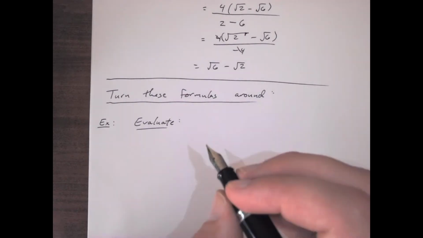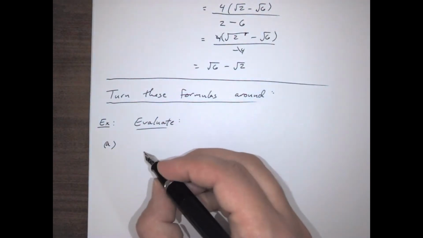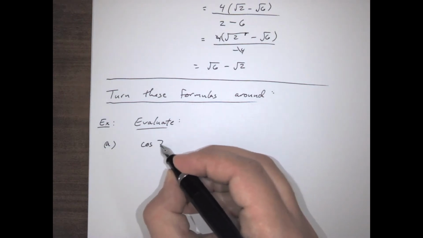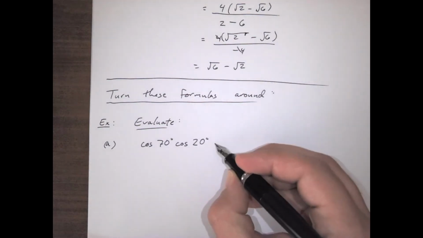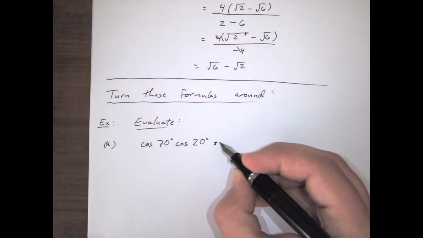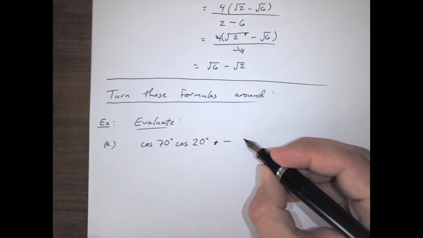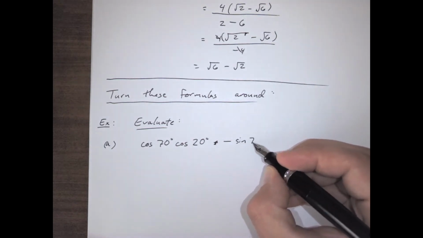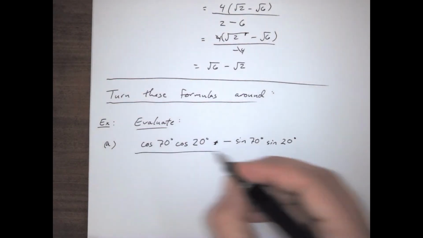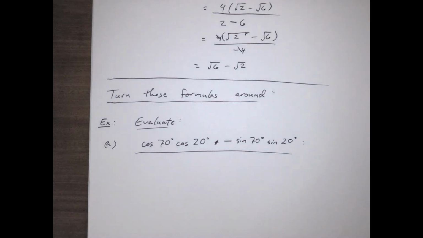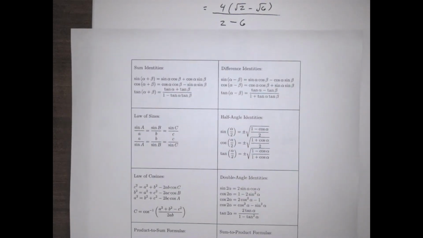So let's go with something like this: cosine 70 degrees cosine 20 degrees minus sine 70 sine 20. Okay, so the key here is we have before us one of the known identities, and we just have to figure out which one it is.